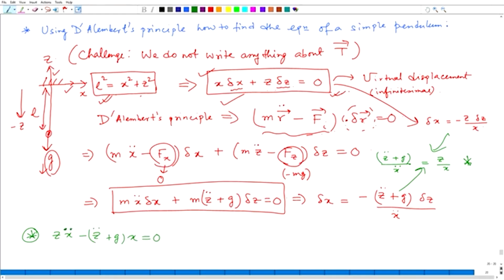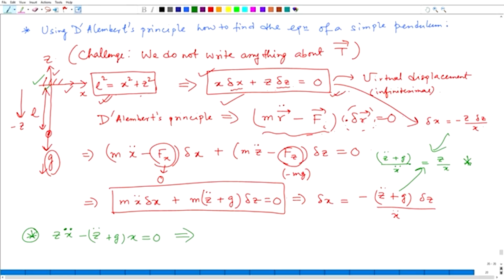Okay. I can now do a trick. In order to have the final equation of the simple pendulum in terms of our popular form, we have to write this in polar coordinates, that is r and theta or L and theta.